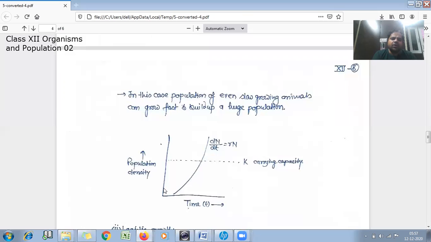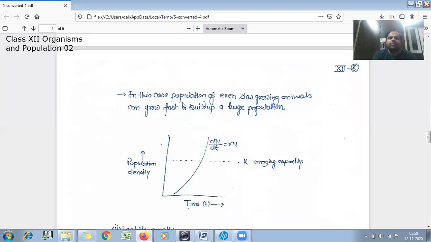We can see here the J curve. On this axis we can see the population density and this is the time, and when the resources are enormous or unlimited, the population growth is exponential, and here the equation is dN by dt is equal to rN.